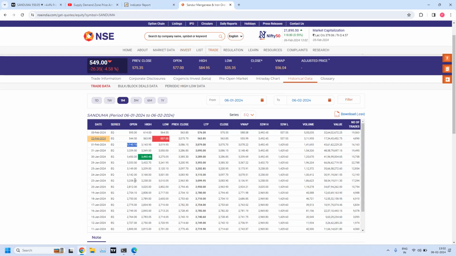But what is the NSE open and high value on 1st February? 3143.95. That means NSE historic data is not adjusted. That is the reason why you are seeing the difference.